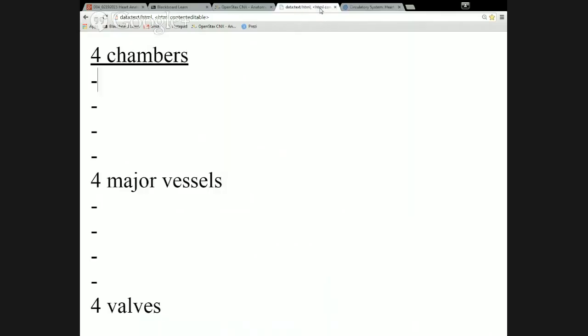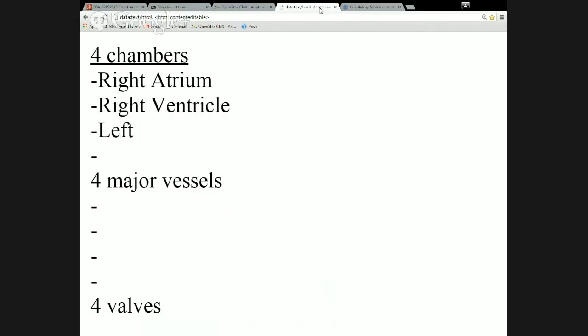So putting the right and left and atrium and ventricle together, we have the right atrium, the right ventricle, the left atrium, and the left ventricle.